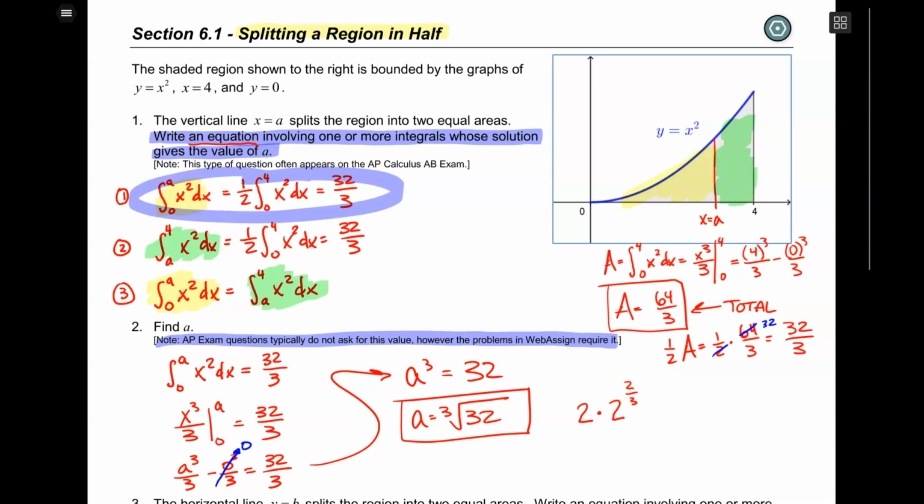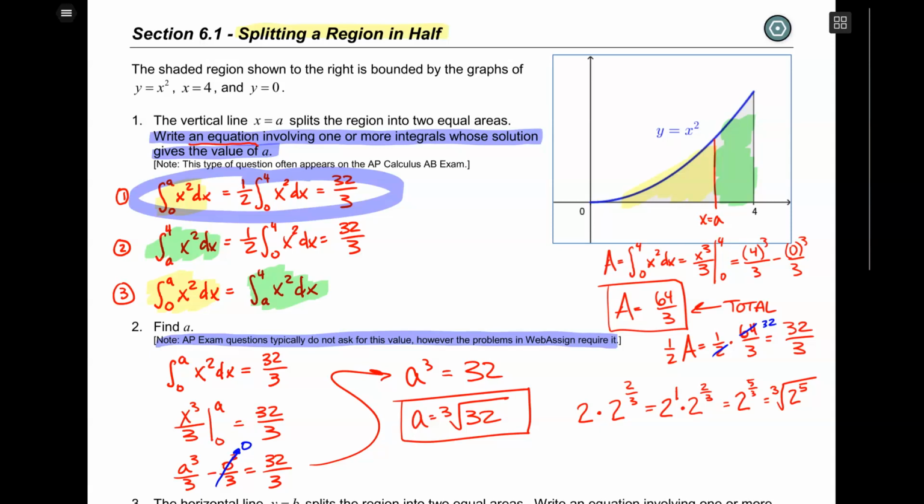I have 2 times 2 to the 2/3 power. That's the same as 2 to the 1st times 2 to the 2/3. So I have 2 powers of the same base. The product of 2 powers with the same base, you can add the exponents. 1 plus 2/3, that's 5/3, so this is equal to 2 to the 5/3 power, which I can rewrite: the denominator, the 1/3 power, is a cube root, and then this would be 2 to the 5th.